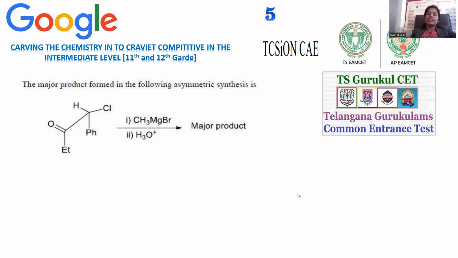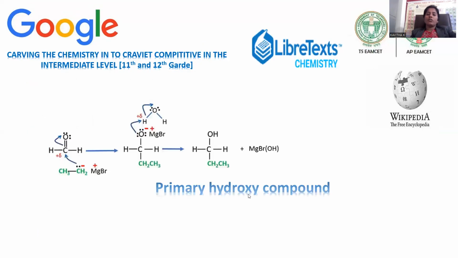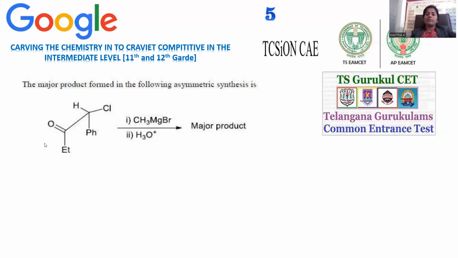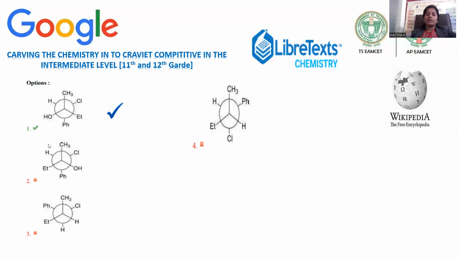All these conditions play a role in achieving the product. So finally we got the product with the orientation in this manner, and that is available in option number 1. For question number 5, option 1 is the correct answer.